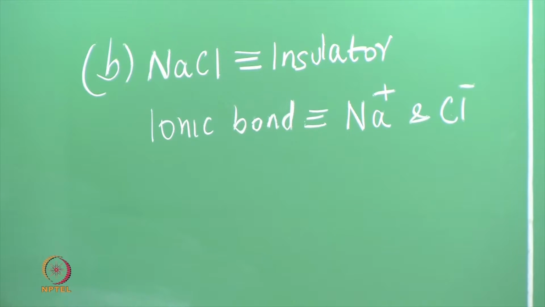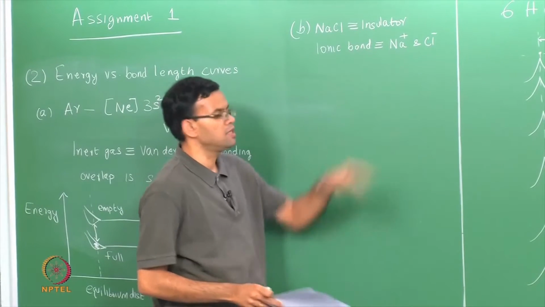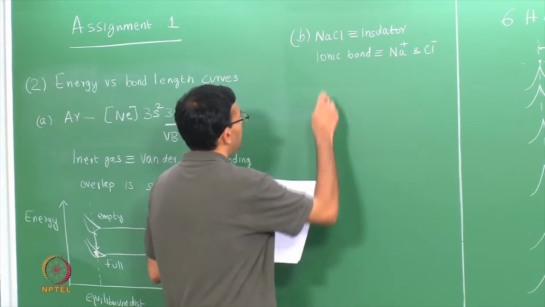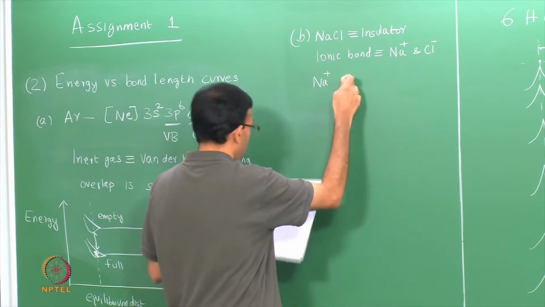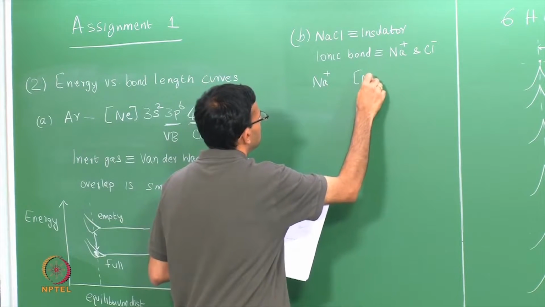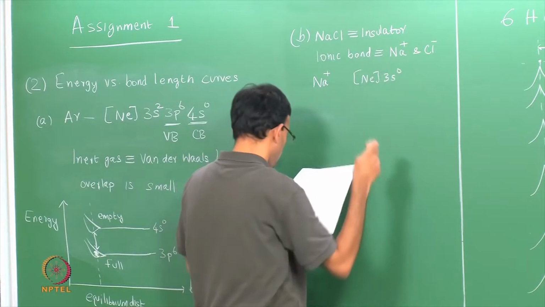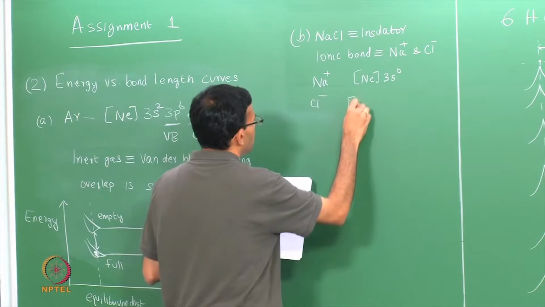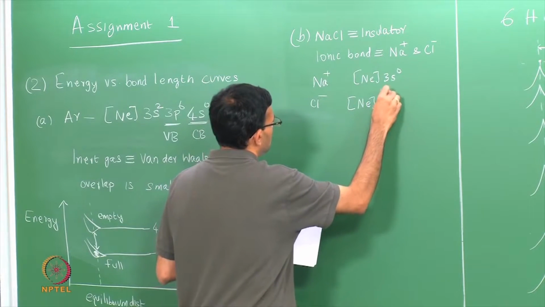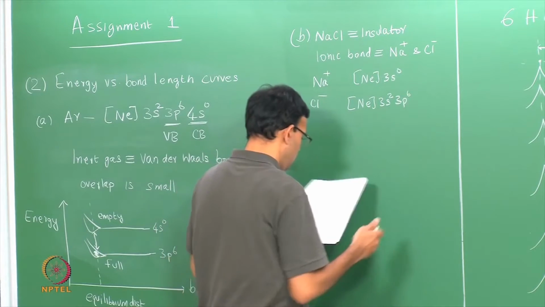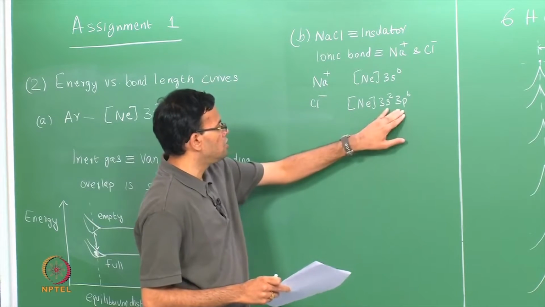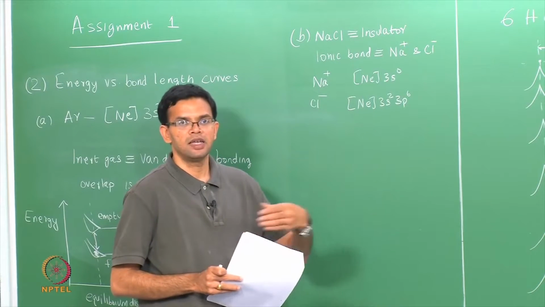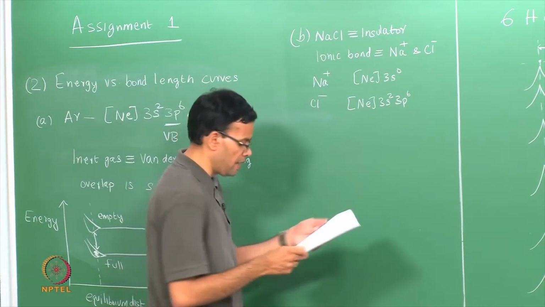Instead of writing the electronic configuration of the atoms, we need the electronic configuration of the ions. So, Na plus has the electronic configuration of neon 3s0, Cl minus has the electronic configuration of neon 3s2 and 3p6. So, this is your full level, which is 3p6, this is the empty level, and there is a gap between those two which forms your band gap.